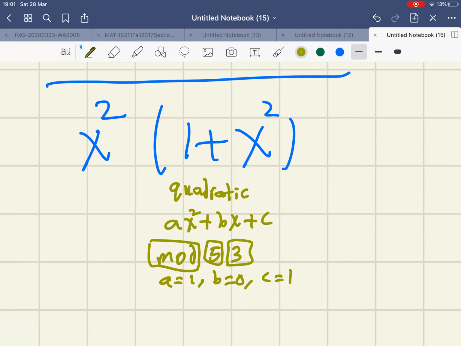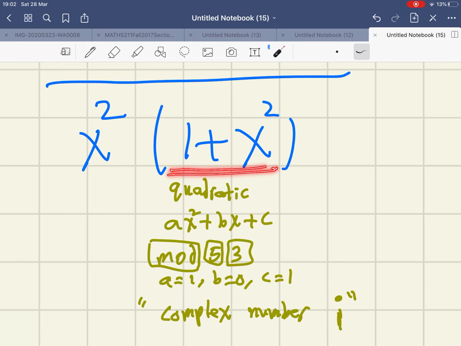If you do this in your calculator, and if you get a complex number, which you will notice because the answer has an i, this definitely means we cannot factor this one.